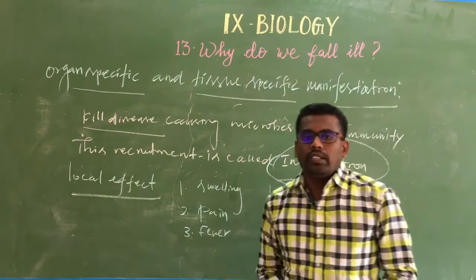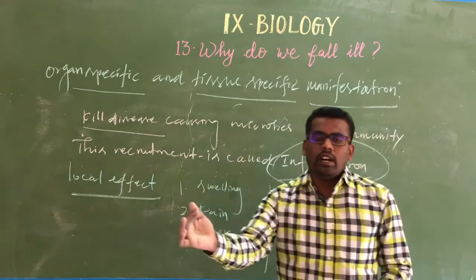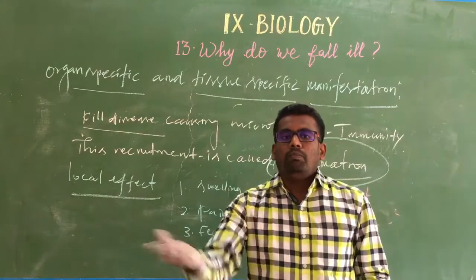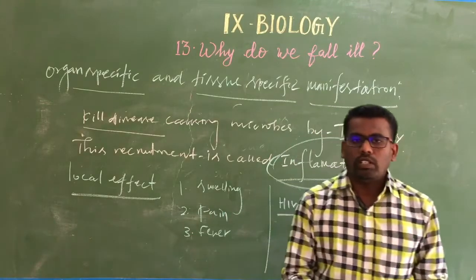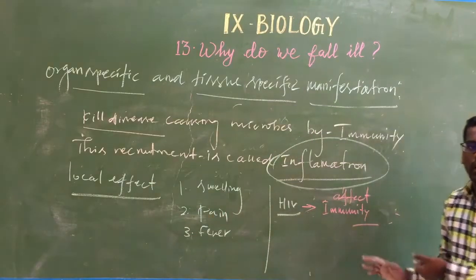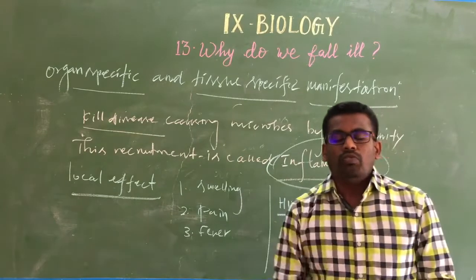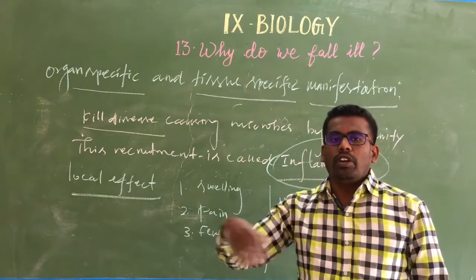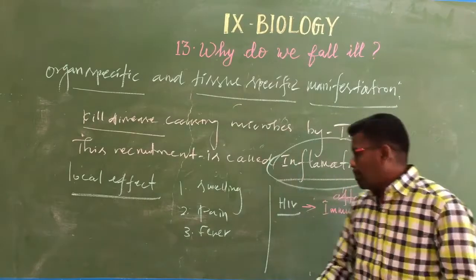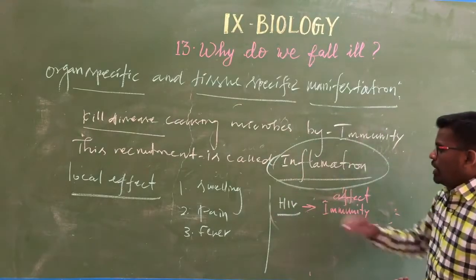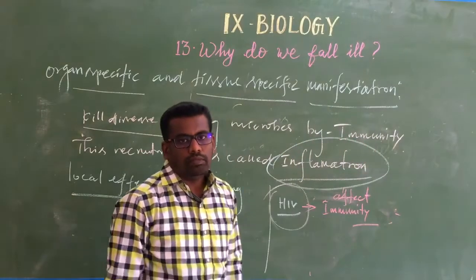And another one is diarrhea, loose motion. So normal diarrhea turns into diarrhea with blood loss and fluid loss when a person has HIV.